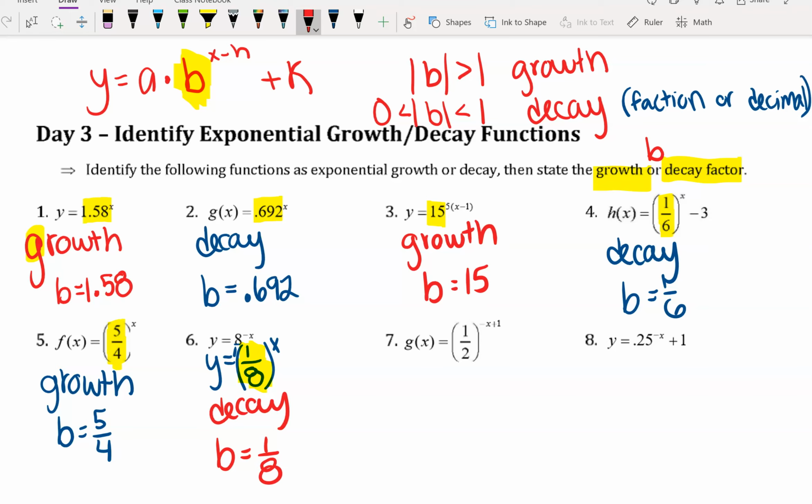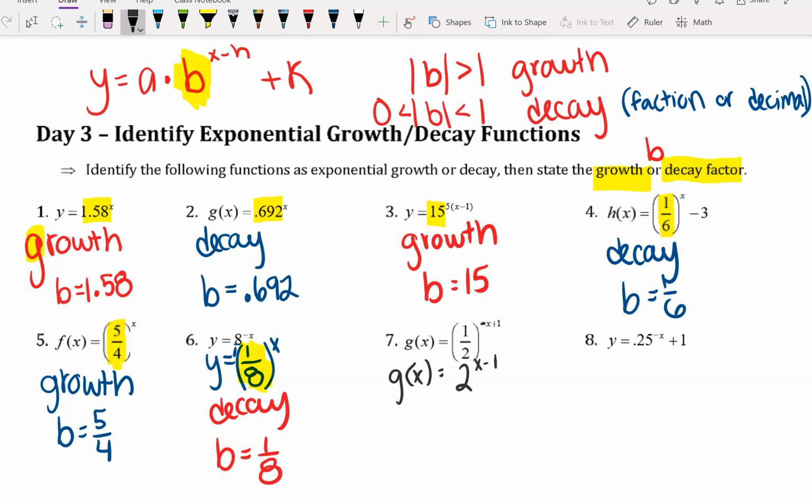Same idea on the next one. You might not be able to see on my screen, but there is a negative exponent there, which means we are going to need to flip this, and it will no longer be 1/2, it'll be 2/1, which is just 2. And then this exponent will end up being positive. Technically, it'll be positive x minus 1.